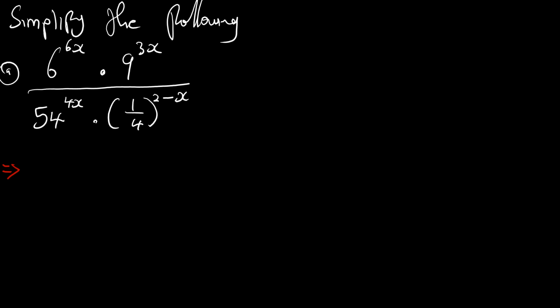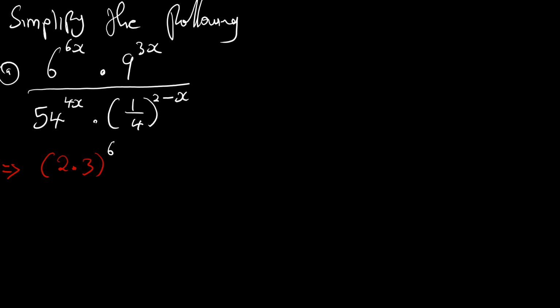Our base here, I'll start with 6. 6 is not a prime number, so we must rewrite this 6 as a product of prime factors. The product that we are going to write here is 2 and 3. 2 multiplied by 3 is 6, and 2 and 3 are prime factors. So this is what I mean when I say you must write it as the product of prime factors. So it's 2 multiplied by 3, which gives us this 6.